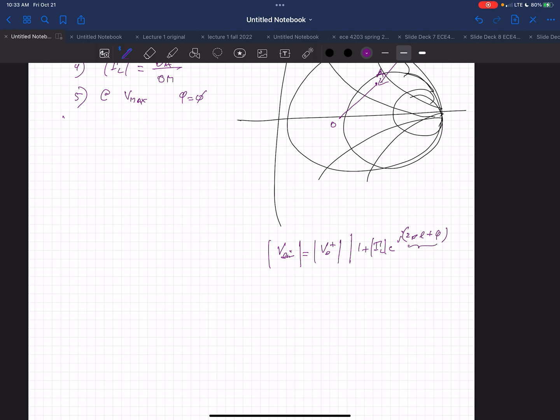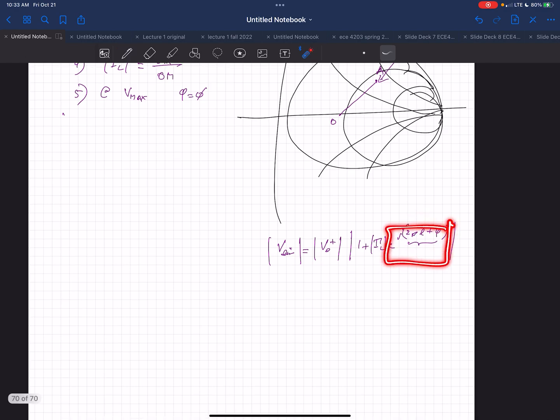This maximum happens when this whole exponential goes to 1, so when the exponent equals 0. Call 2 beta L plus phi sub L phi.